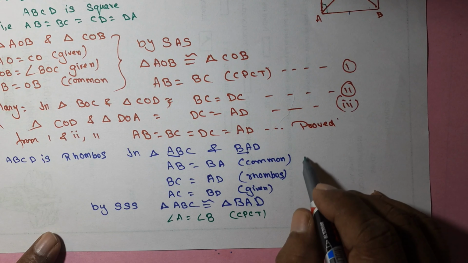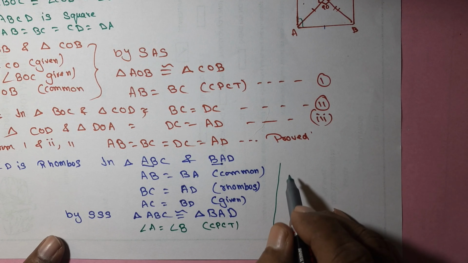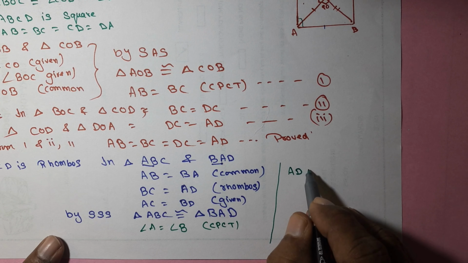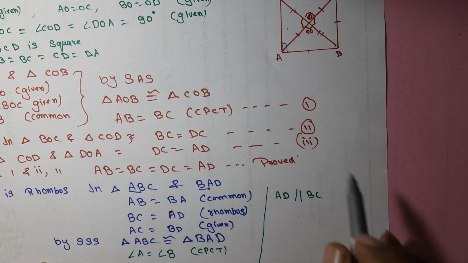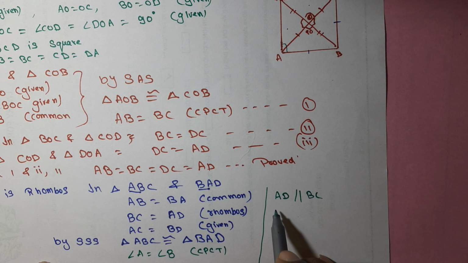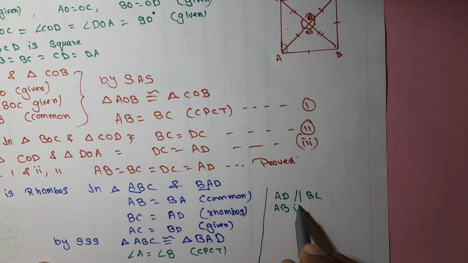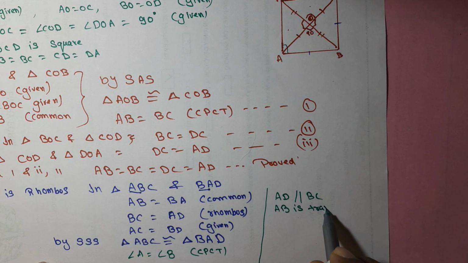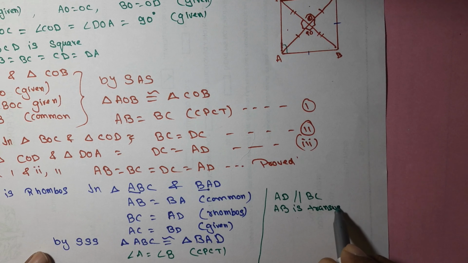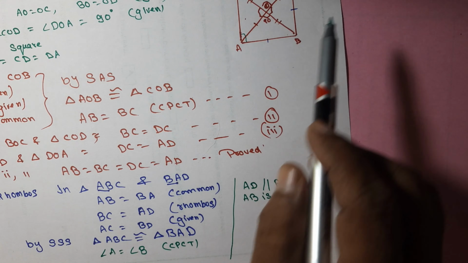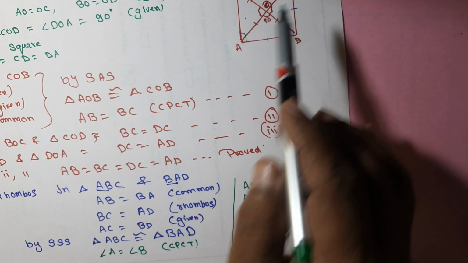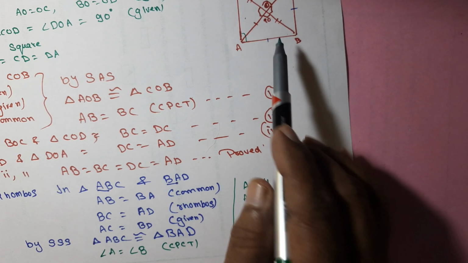We can say AD, here we are writing, AD is parallel to BC. Okay. And AB is transversal. You see, if AB is transversal and these are parallel lines, so these are co-interior angles.